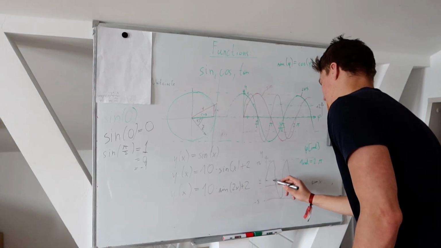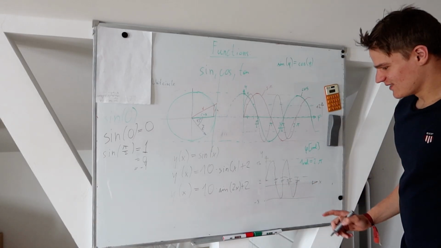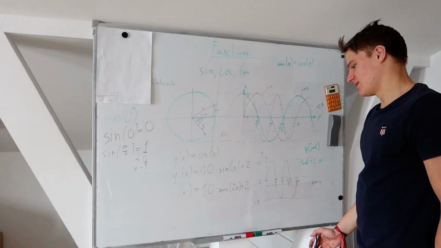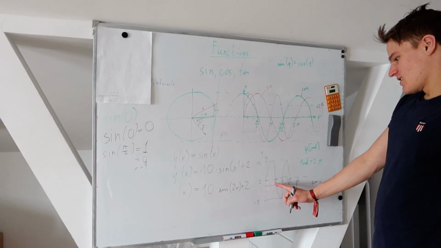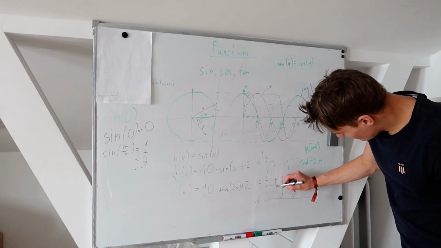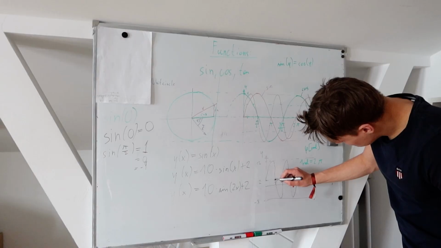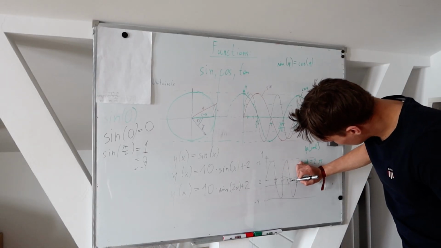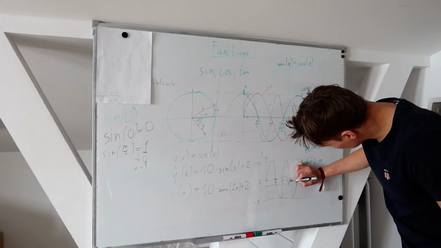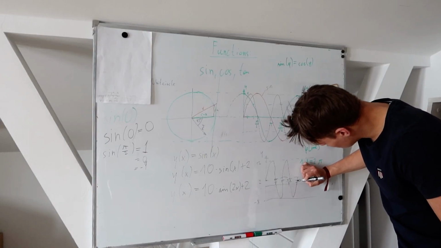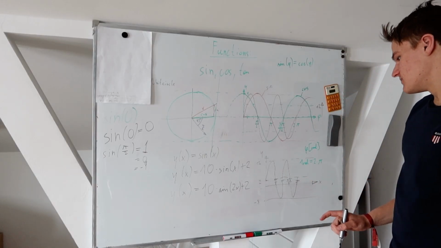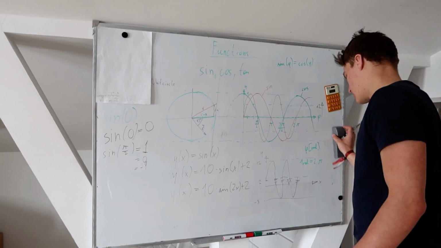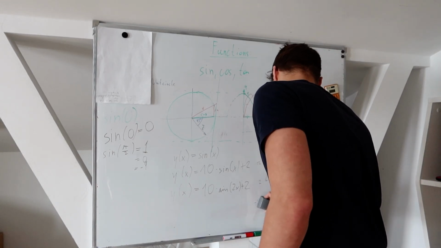It looks bad, but I think you guys get the point. So pi is right here, 3 pi over 2 is right here, and 2 pi is right here. So yeah, good. I'll put this away maybe.